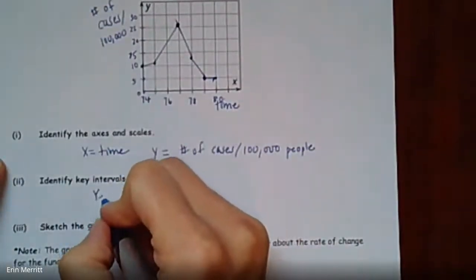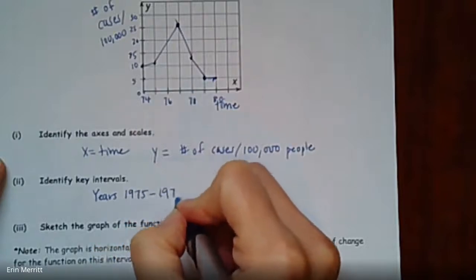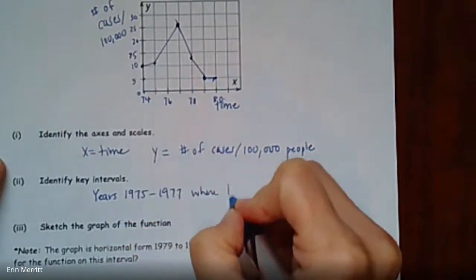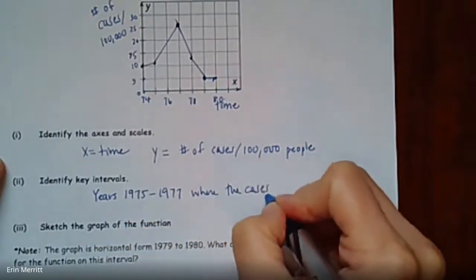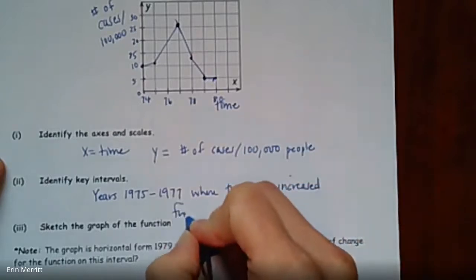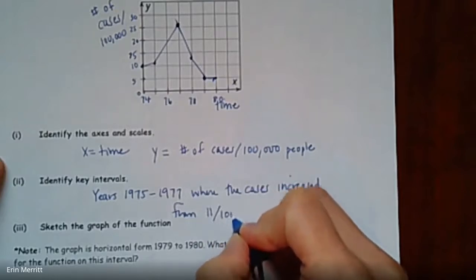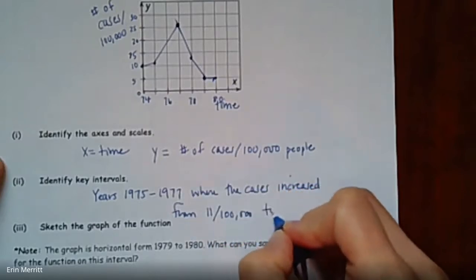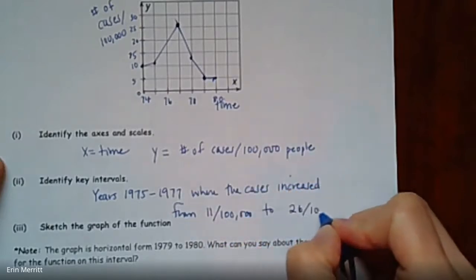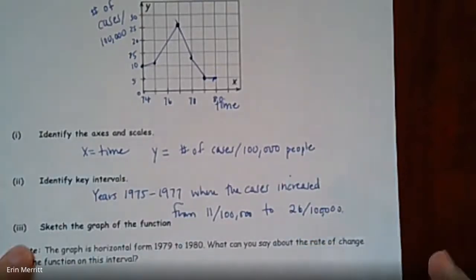So the years 1975 to 1977, where the cases increased from, I think it was 11 per 100,000 to 26 per 100,000. Right? That would be a key interval.